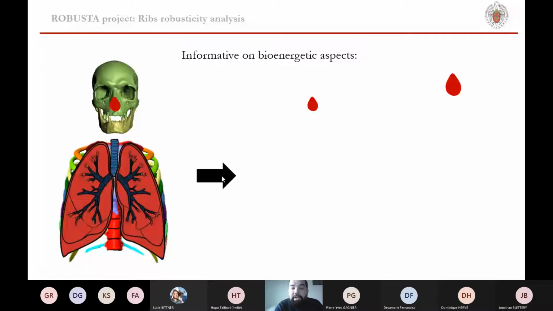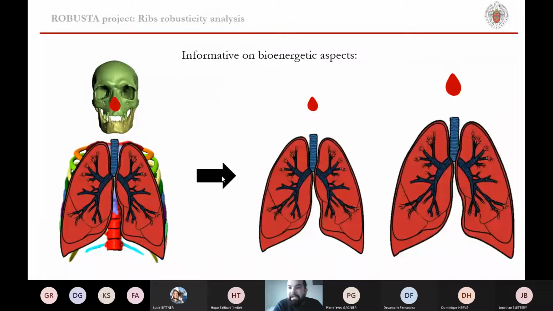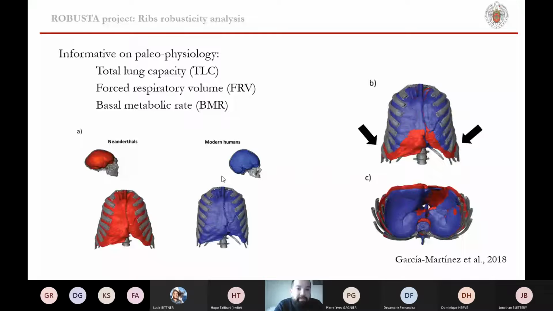So differences in the size and shape of the nasal aperture, of course, would be related to the lungs and to the rib cage, and differences in the nasal cavity would cause differences in the rib cage, hypothetically. Therefore, since the rib cage is obviously linked to the oxygen consumption, it's going to be linked to different paleophysiological aspects, such as the total lung capacity, the forced respiratory volume, and even the basal metabolic rate, because the energy that we expend is obviously linked to the oxygen that we can take into our body.